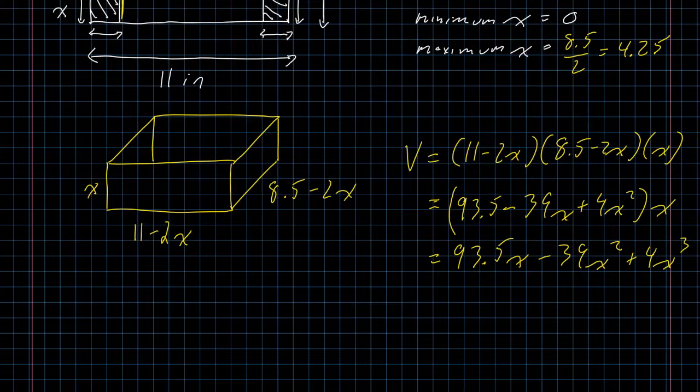All right, so this gives us a formula for the volume of the box, given the size of the cutout that we take. This is a cubic polynomial.